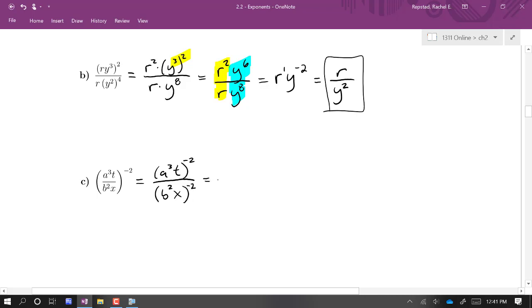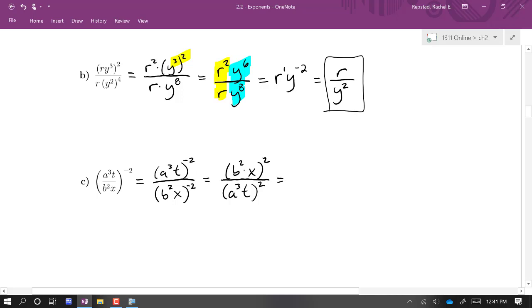Now we want to deal with these negative exponents, and I think I'm going to do that first. I'm going to look at this and just swap the expressions in the top and the bottom, because a cubed t to the negative 2 up top is the same as a cubed t to the positive 2 on the bottom, and b squared x to the negative 2 on the bottom is the same as b squared x to the positive 2 up top.